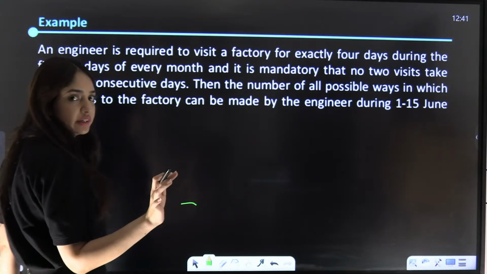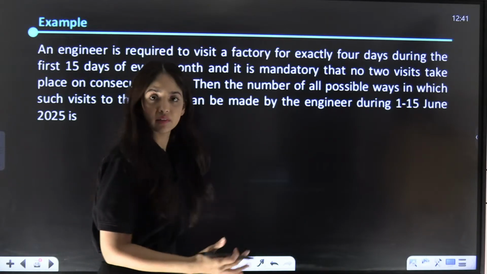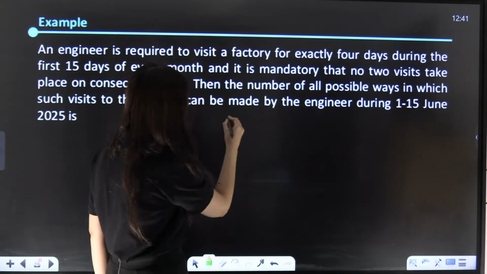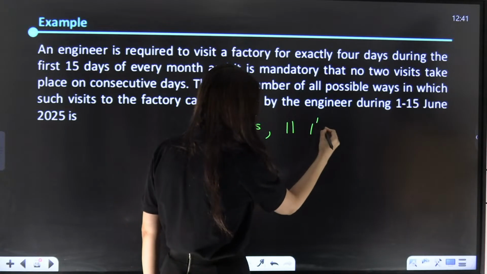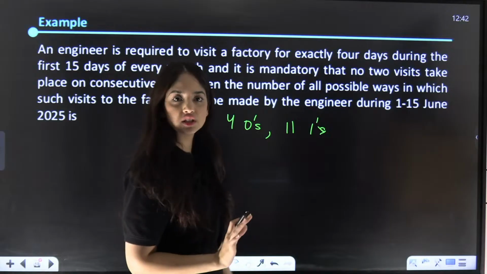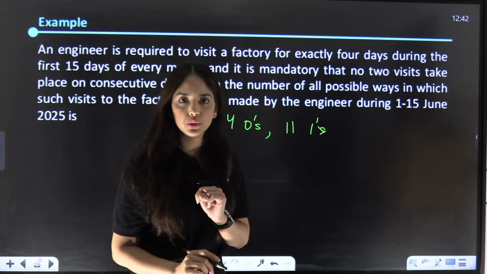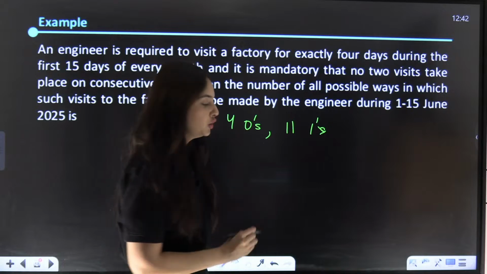that they can do it is, we place all the ones first. How many ones? 4 zeros and the remaining 11 ones, right? We place all the 11 ones first, only one possible arrangement to do that, and then 12 gaps, 11 plus 1, 12 gaps.